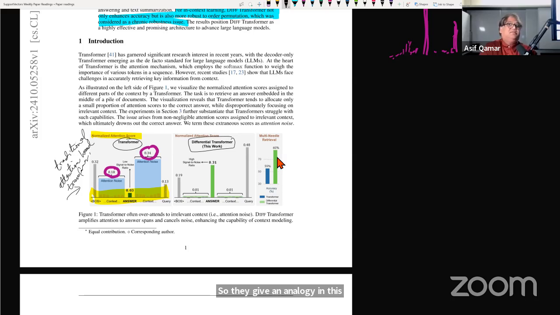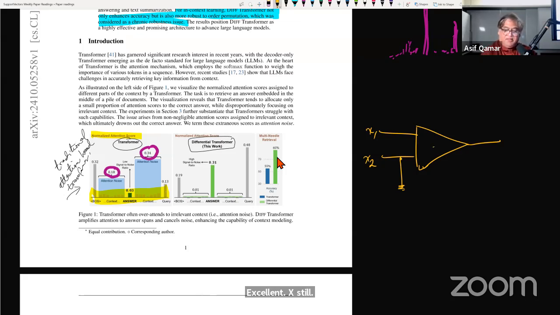They say that if you're used to differential amplifiers in electrical circuitry, something like, if my recollection is right, this amplifier, X1, X2, right? So what happens is that this amplifier just amplifies the delta between these two, X1 and X2, right?